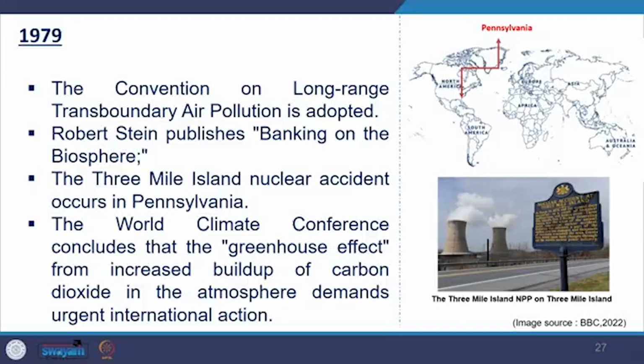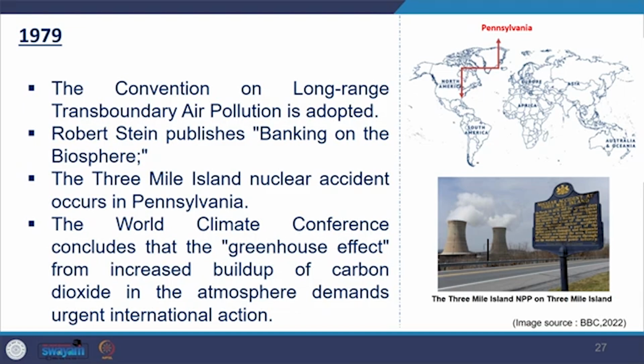And then we also see in the same time that there was another incident, the Three Mile Island nuclear accident, which occurred in Pennsylvania. So all these accidents, the economic-related accidents, were also happening, and that is how we were developing this understanding.